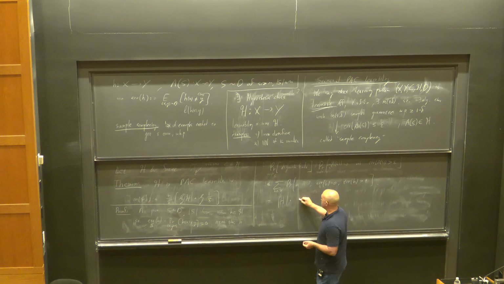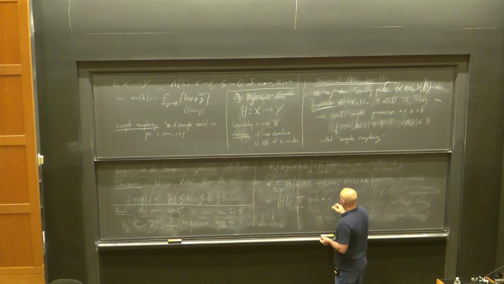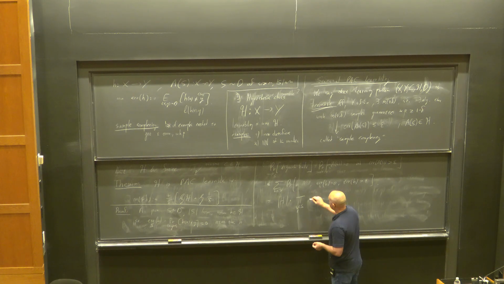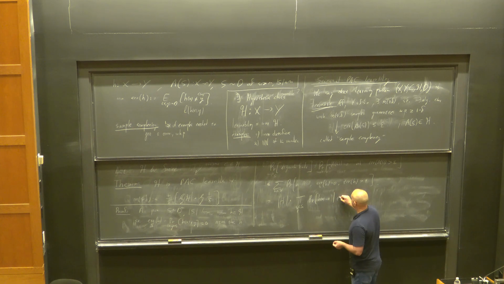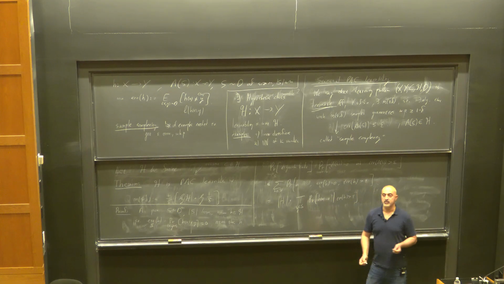So this is the product over all (x, y) in S that this h agrees on x, and the probability that h of x is 0, and the error of h more generally is bigger than epsilon. So why can I take the product here?